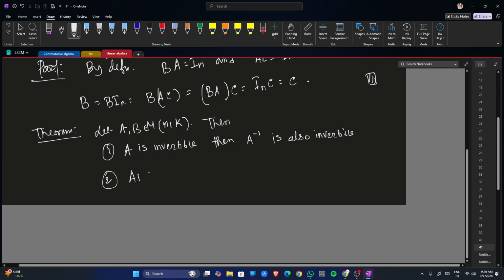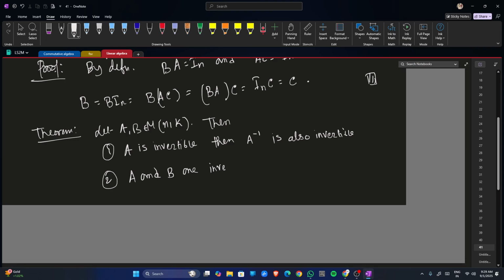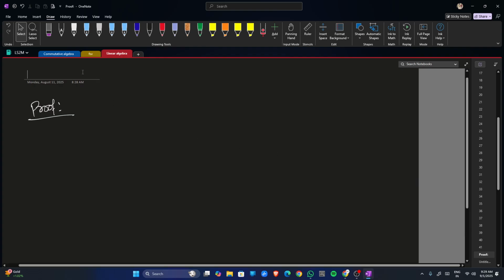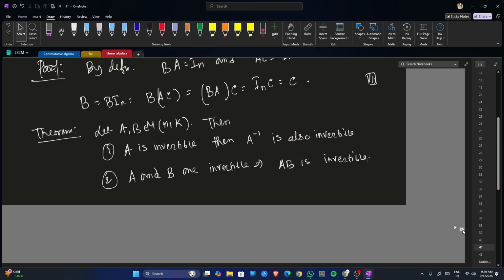Also, if A and B are invertible, then the product AB is invertible.